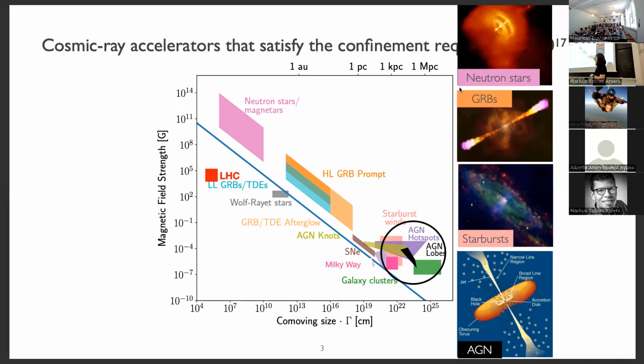I'll illustrate the key points with the blazars, and then we'll go through all those other source classes and see what requirements they each fulfill, what problems they have, and what we know about the origin of IceCube neutrinos.